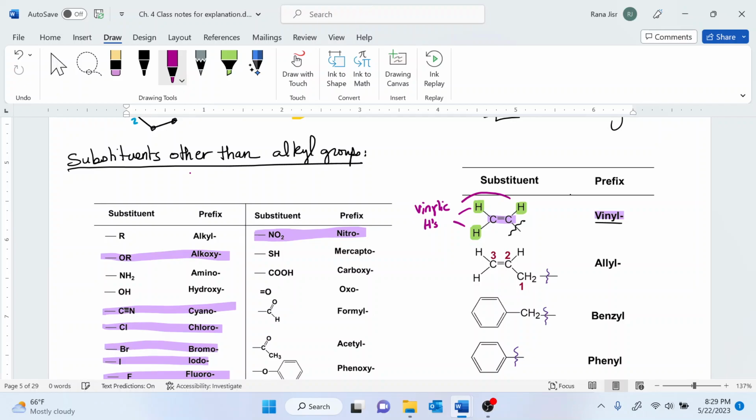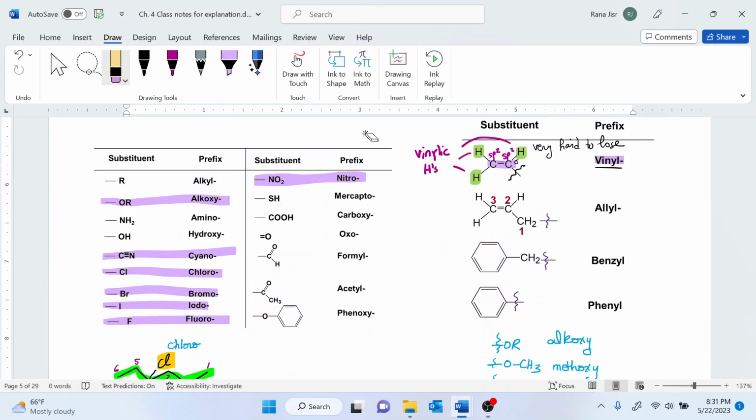Now, these hydrogens are very special because they are connected to 2 sp2 hybrid carbons. So I am expecting their sigma bond to be a strong bond. So these vinylic hydrogens are very hard to lose. This means that if you have a base in there, the base will not come and take any of these hydrogens, because the base cannot break that sigma bond.